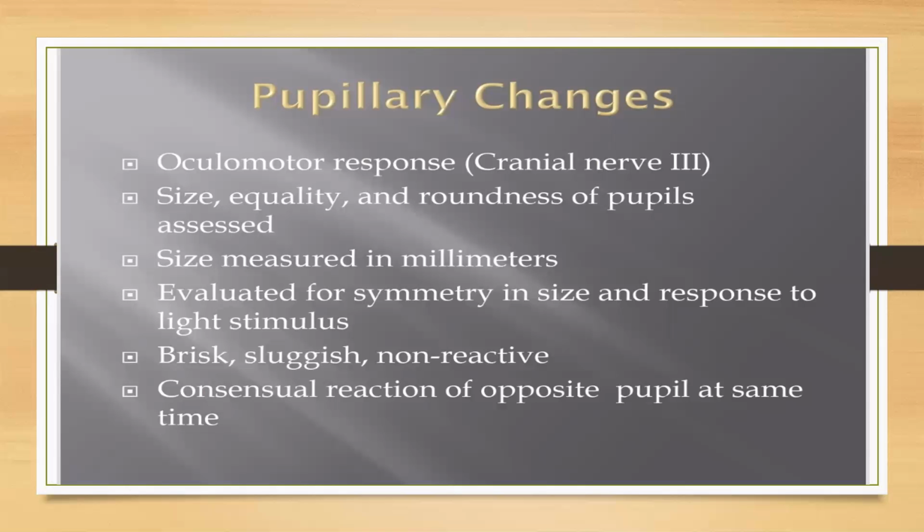Pupillary changes. Oculomotor response, which is due to cranial nerve 3. Size, equality, and roundness of the pupil is assessed. Size is measured in millimeters. Evaluated for symmetry in size and response to light stimulus: brisk, sluggish, or non-reactive pupil, or consensual reaction of the opposite pupil at the same time.